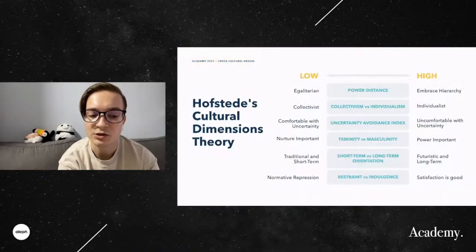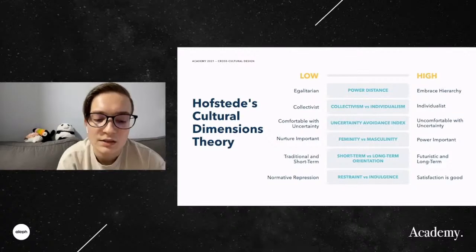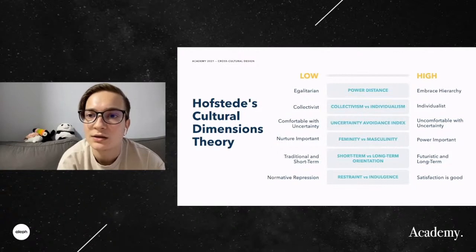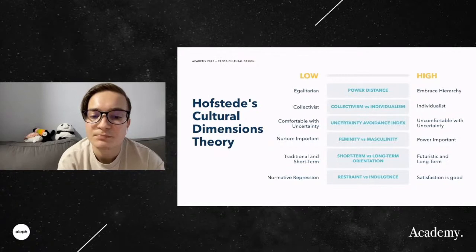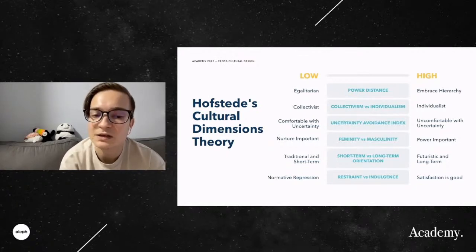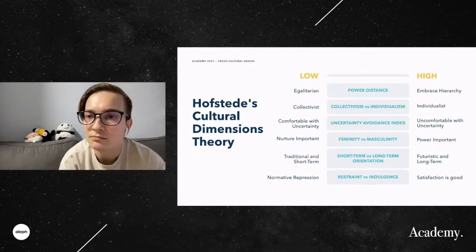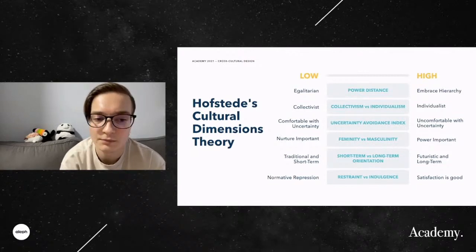In the late 1960s, Geert Hofstede discovered what he called the cultural dimensions theory, or a framework of cultural communication. Basically, he developed a theory that covered a lot of different aspects, most of the aspects that define the culture and impact human behavior in a way.